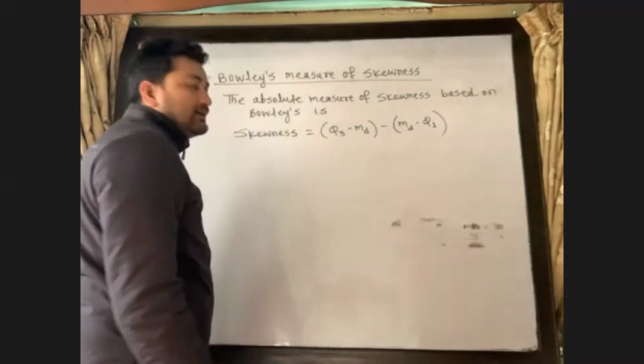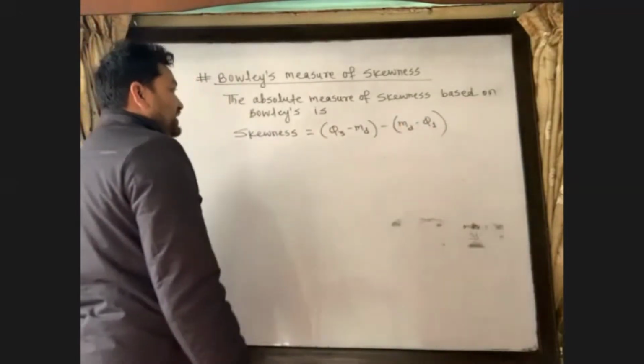Okay, this is the formula. Q3 minus MD minus MD minus Q1.